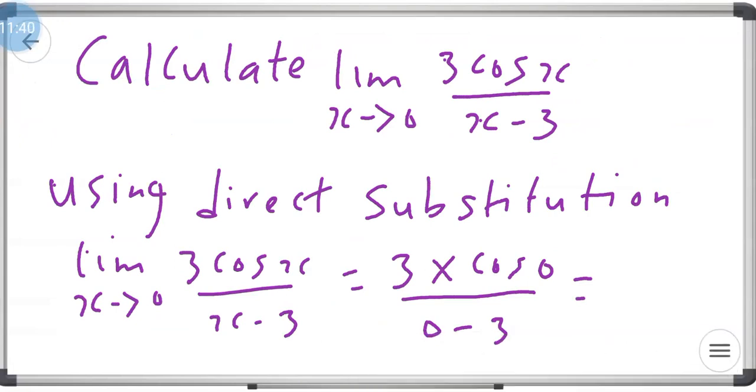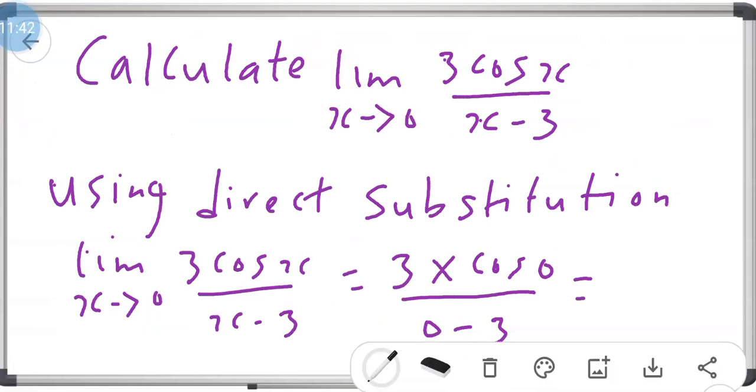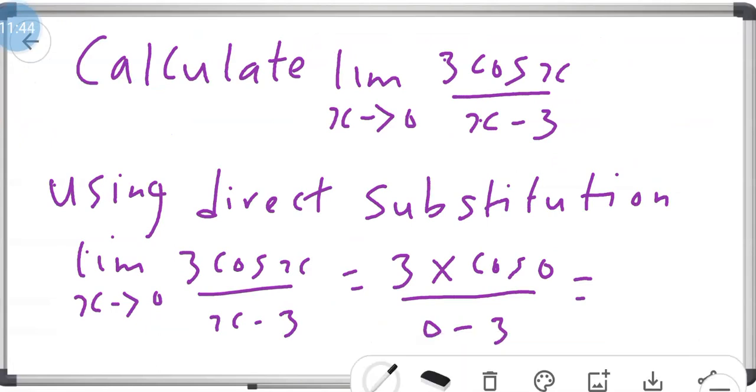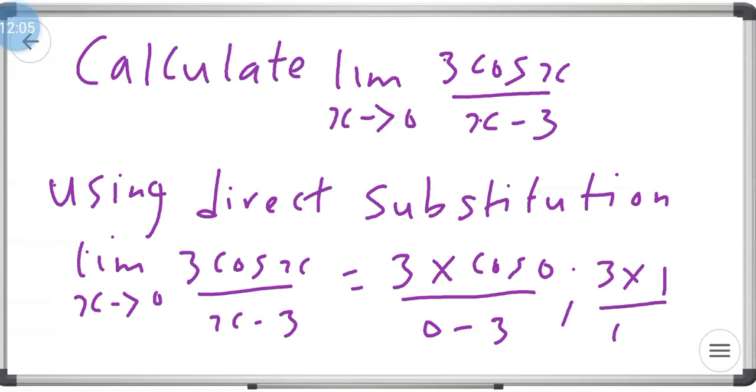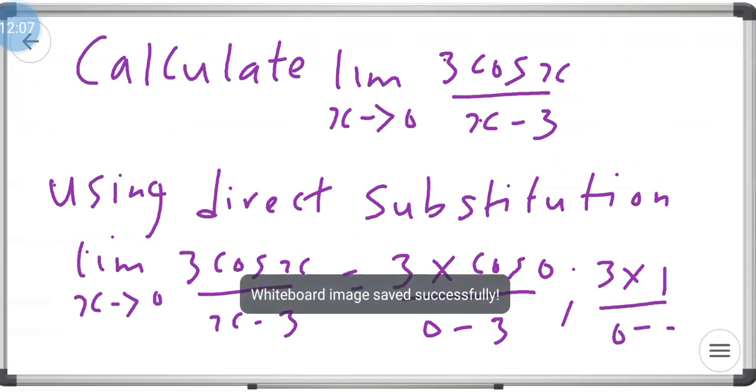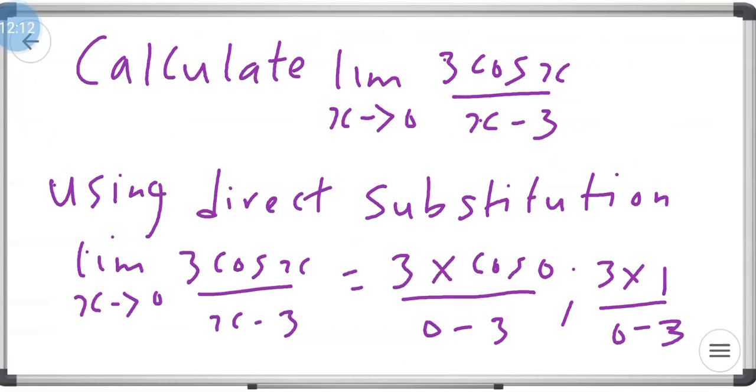We said 3 cos x over x minus 3. Now we said 3 multiplied by cos 0 because we're told that x tends to 0. So this will give us 3 multiplied by, take note, cos 0, that is 1, all over 0 minus 3.